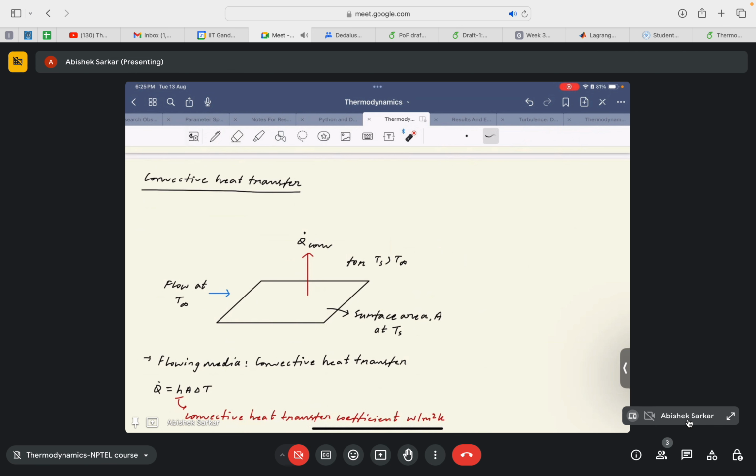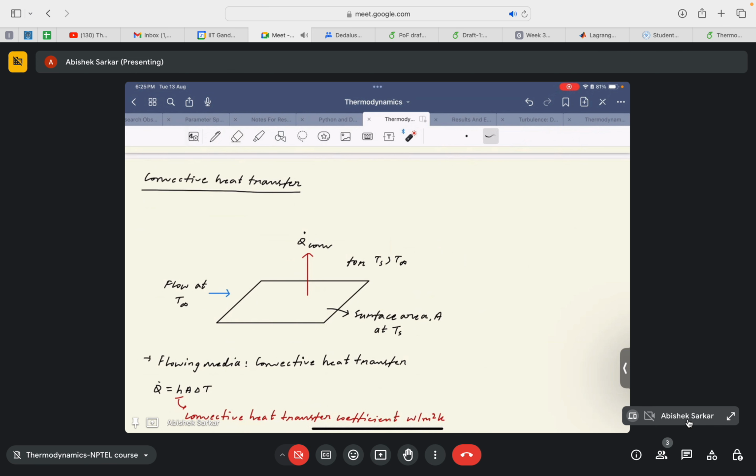So in conduction, the way the objects get heated was through diffusion, okay. But in convective heat transfer, the heat transfer occurs because of the bulk flow of the media, okay. So in the flow of, say, liquids and gases, the bulk flow of these liquids and gases results in the net rate of heat transfer.